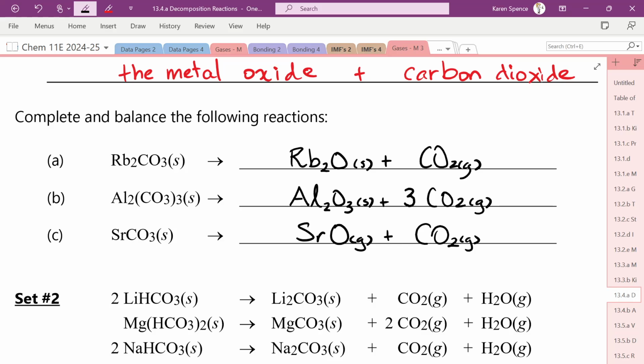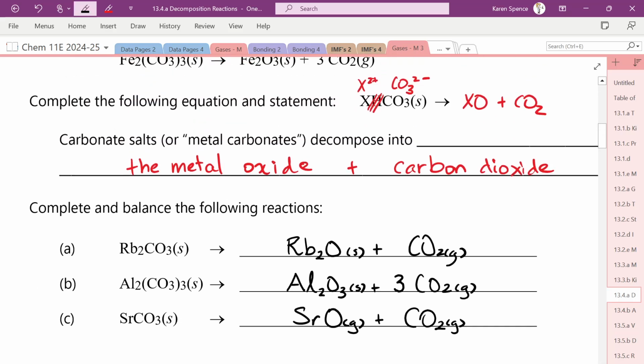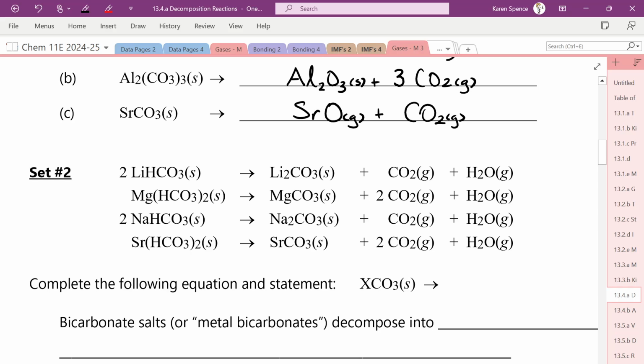Is that what you guys got? Yeah? So they're not too hard to balance, right? They're just kind of like, oh, I needed a 3 there. Yay. All right. Wow. Now we're getting into our bicarbonates. So these were our carbonates. Now we're going into our bicarbonates.